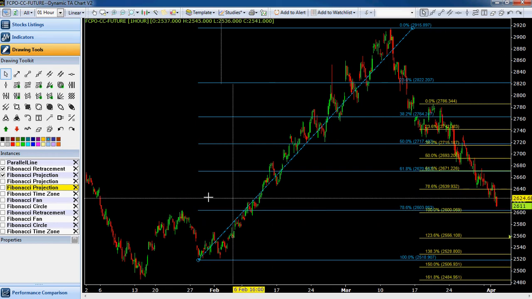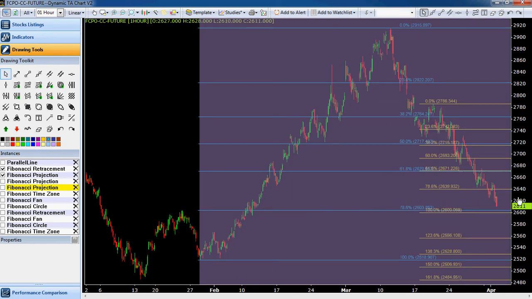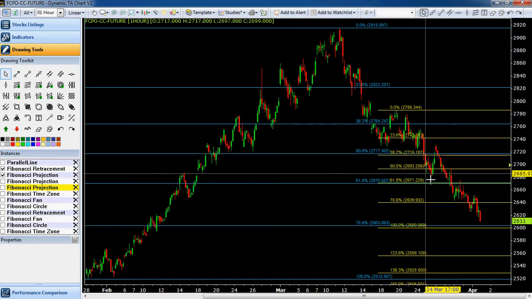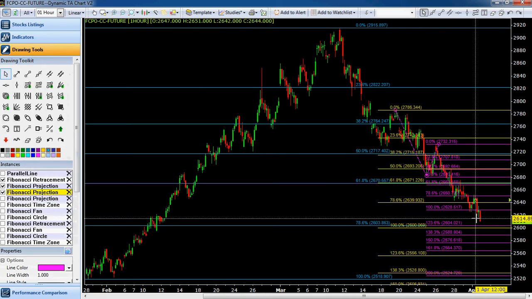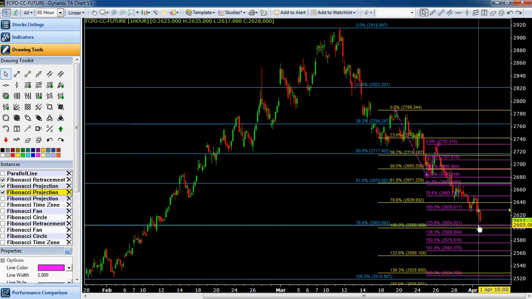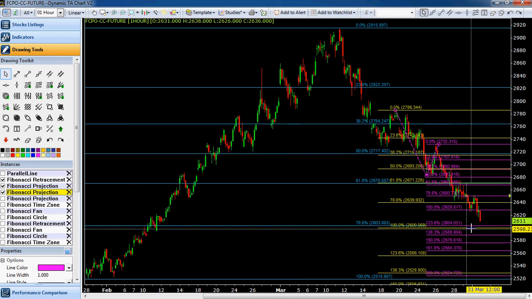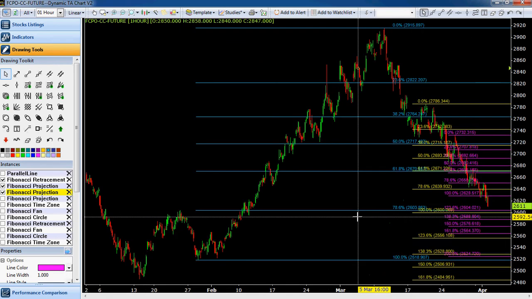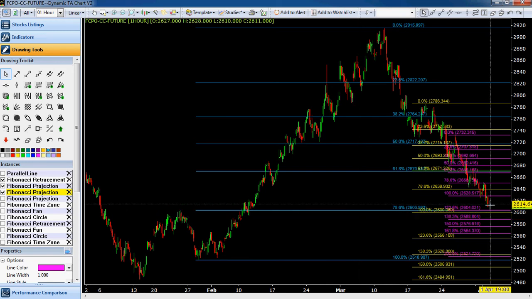If you zoom in further, assuming this one is 1, 2, 3 and this one is a 4, you will notice that 123.6% is almost the same at the 2603 level. So with this cluster formation, we expect that CPO might encounter some support and buying interest at this price level.